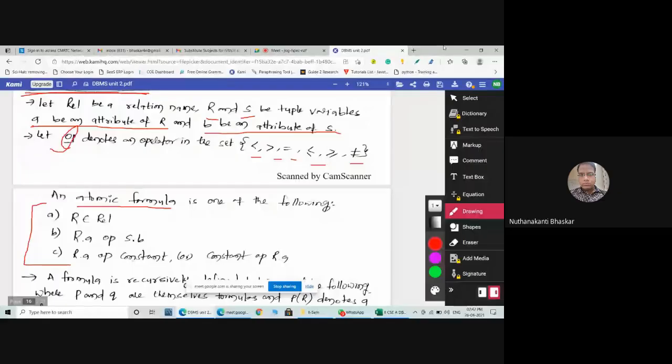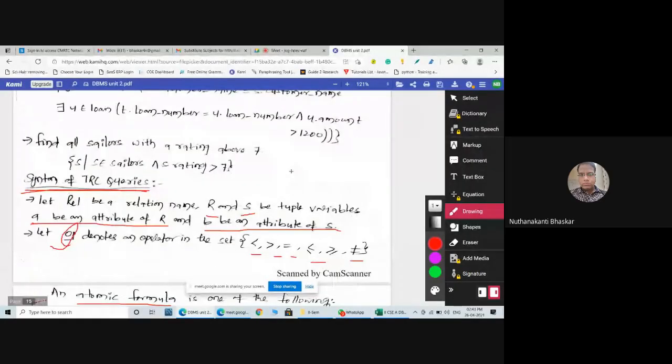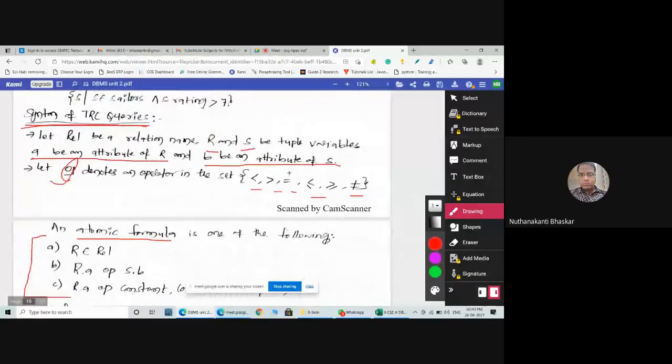Okay. Now coming to relational calculus. We know the syntax of tuple relational calculus. Already I told you. When we want to use any tuple relational calculus formula, we have some predefined formulas that give a better representation of our query.